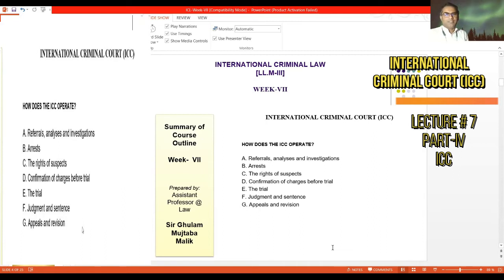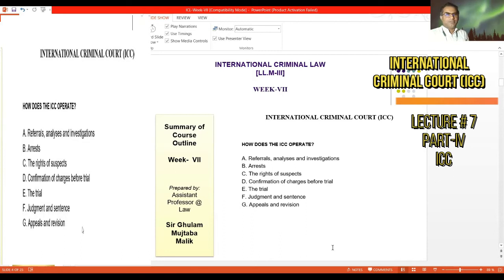So what happens when a situation is referred to the ICC for investigation? The prosecutor determines whether, in his or her opinion, the court has jurisdiction with respect to the alleged crimes. Following a thorough analysis of available information, the prosecution decides whether there is a reasonable basis to proceed with an investigation.